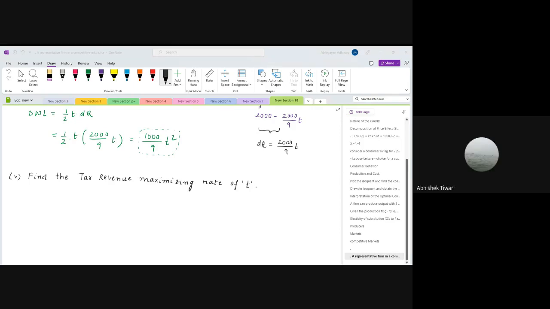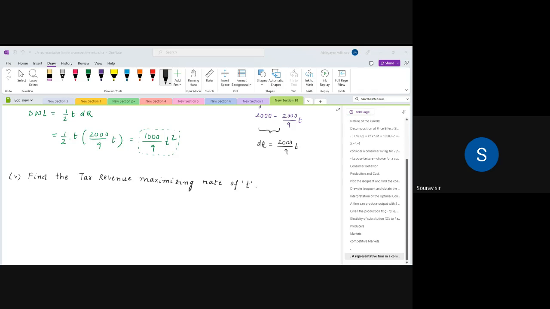Yeah, T into Q. T into Q, and that is collected by the government, right? For every unit sold in the market, the revenue that the government gets is the tax revenue. Correct. So I basically want to find out that from the point of view of the government, what should be the rate of T that gives the highest tax revenue?